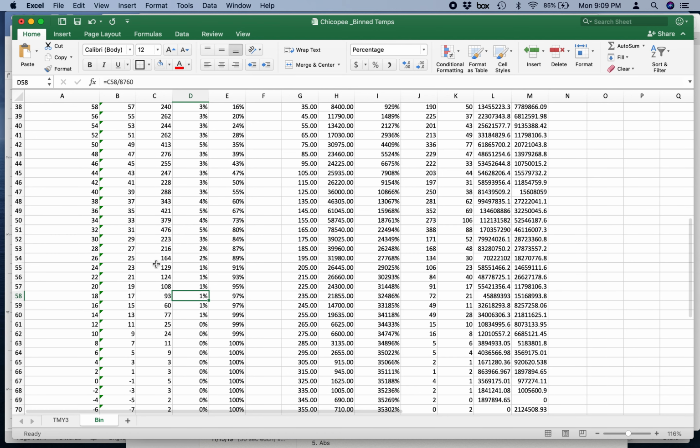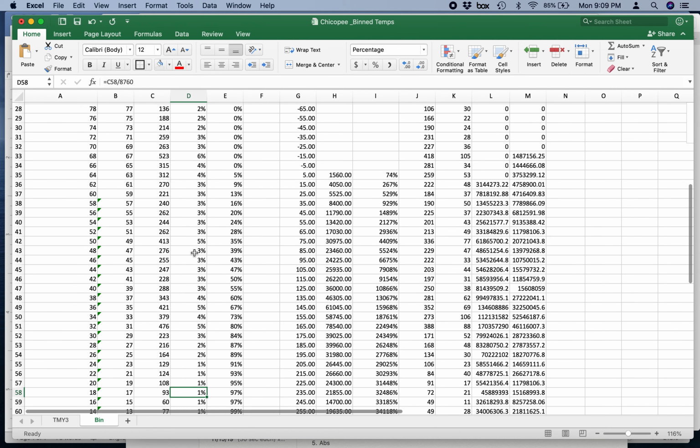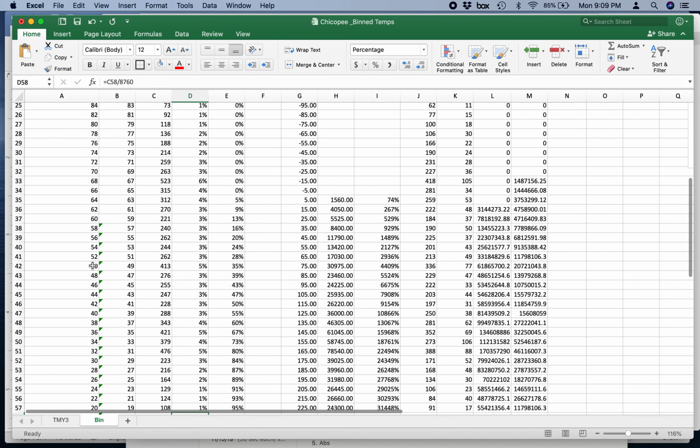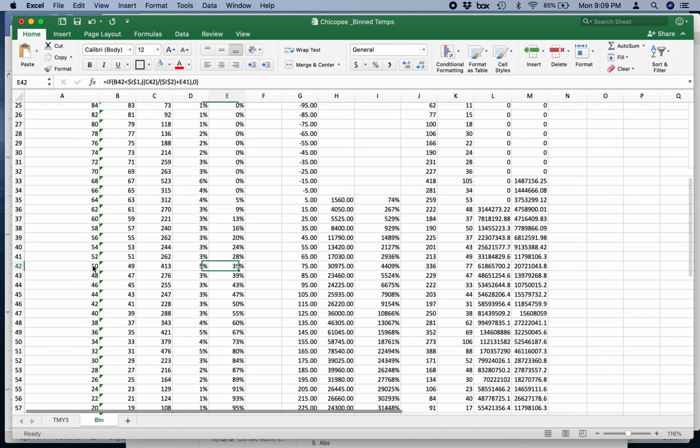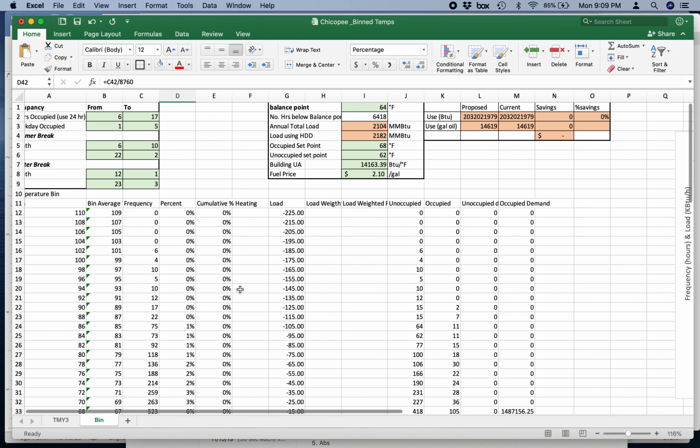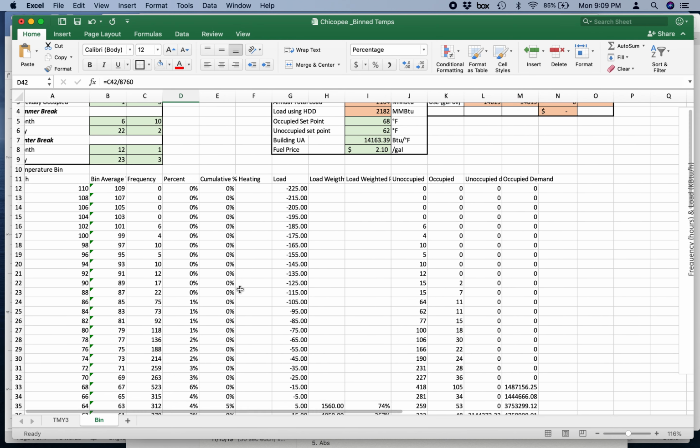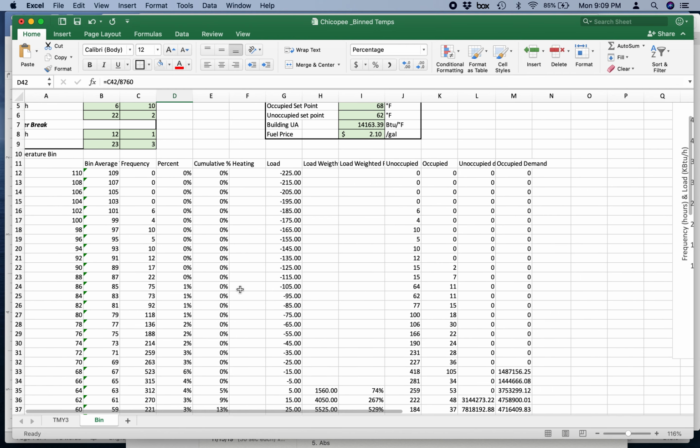And so that particular temperature. But you can see that certain other temperature ranges occur much more frequently, right? So, in the 49 degree average bin, so between 48 and 50 degrees, that's 5% of the year. So that begins to give us a sense of what's important.